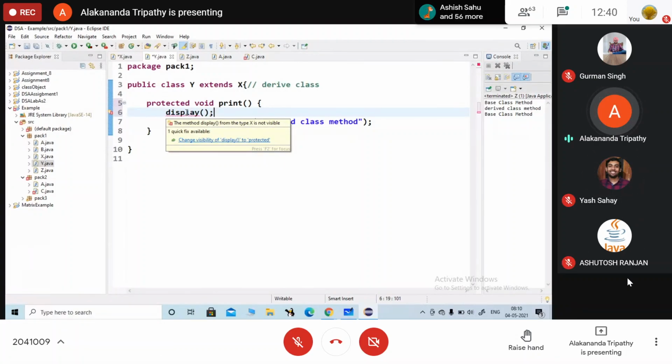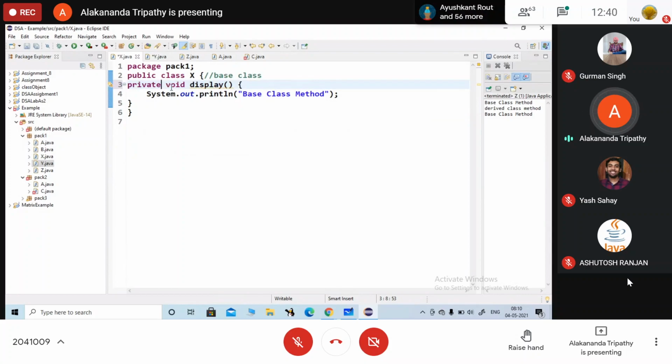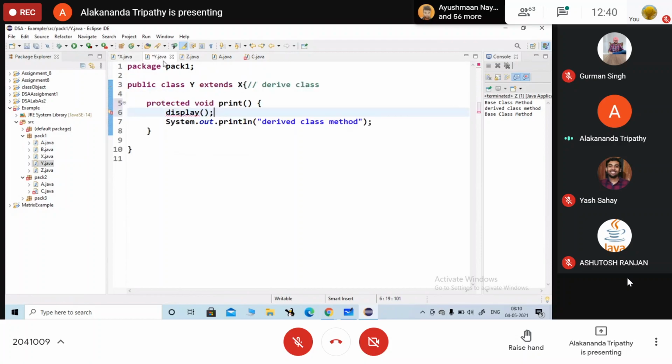Change the visibility of display to protected. So if here I write protected, then see, there is no error.